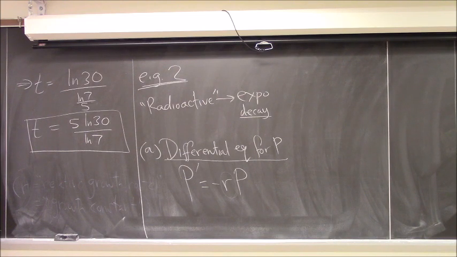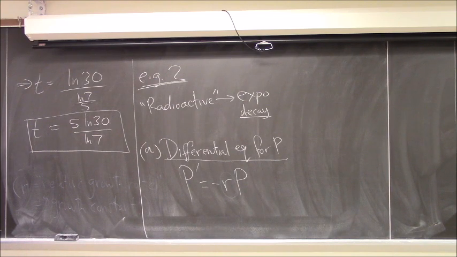It's a constant, right? So P prime over P, we don't really know how to do that with the negative r. How would you find r? You replace P with P naught e to the minus rt. You want to plug into the PERT formula?